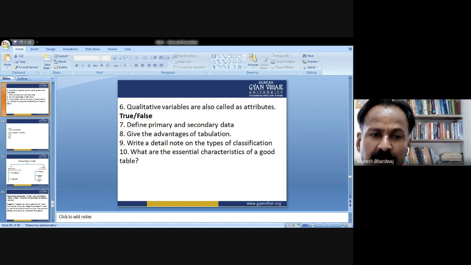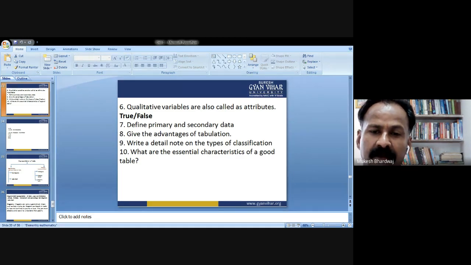Write a detailed note on the types of classification of data. We have completed all types of classification. And the last question: what are the essential characteristics of a good table? If you are drawing a table on the basis of data, what essential characteristics do you need to keep in mind for a good table?